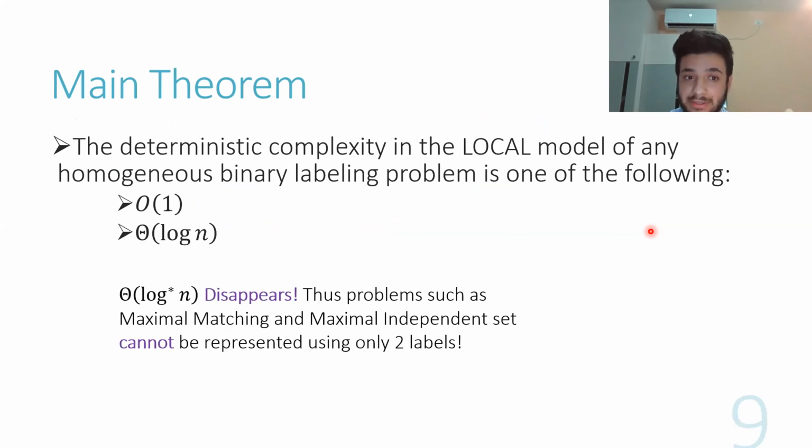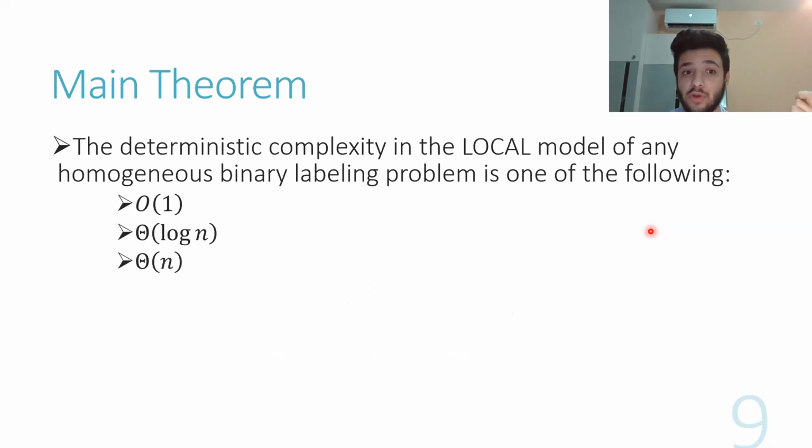So in particular, Θ(log* n) disappears, which is kind of surprising because many natural symmetry breaking problems, such as maximal matching and maximal independent set, are known to admit Θ(log* n) algorithms, which means that they cannot be represented using only two labels.